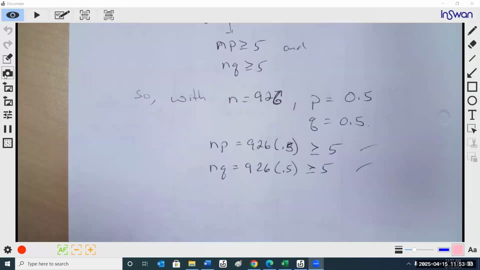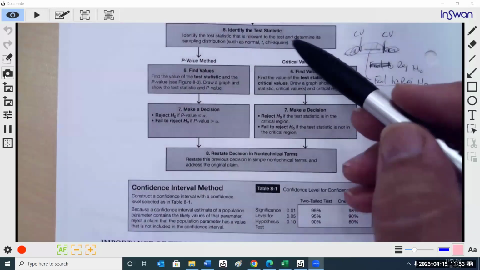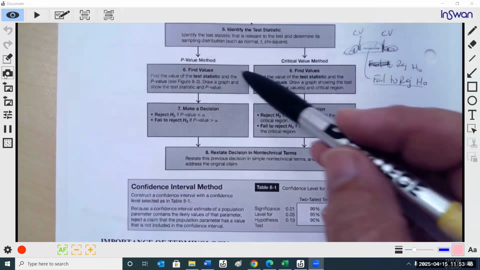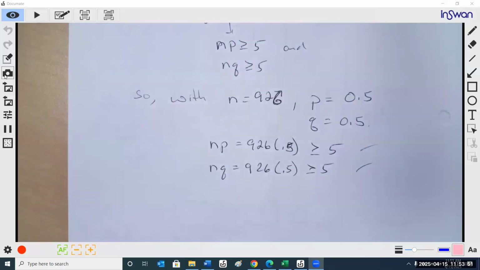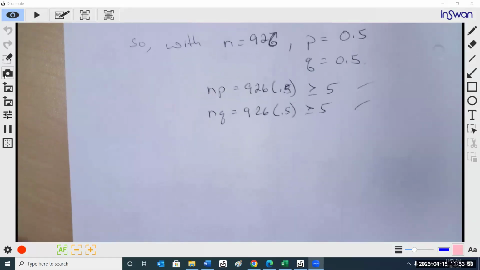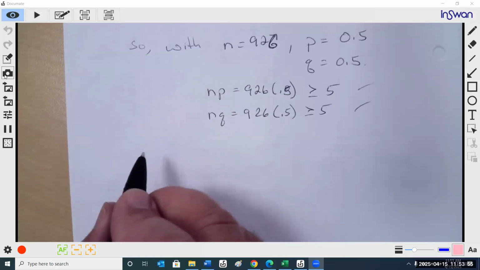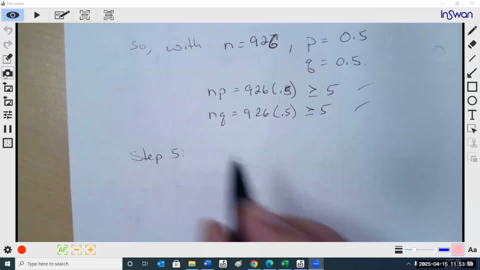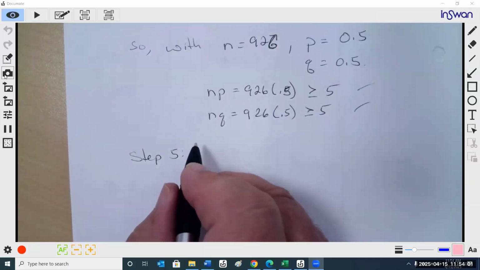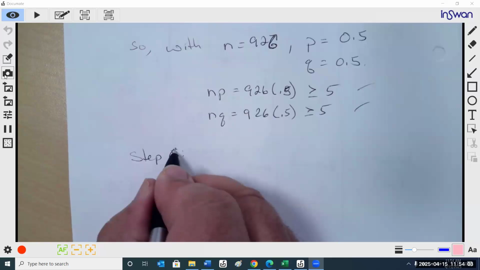Once we choose the test statistic, we have to go ahead and calculate it, because now comes the actual test itself.